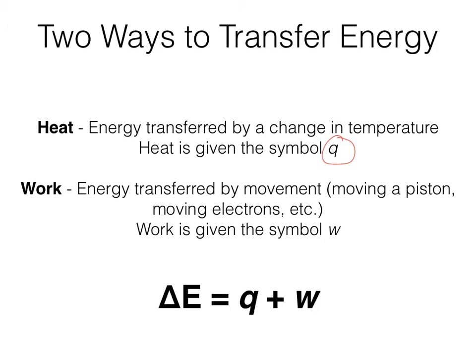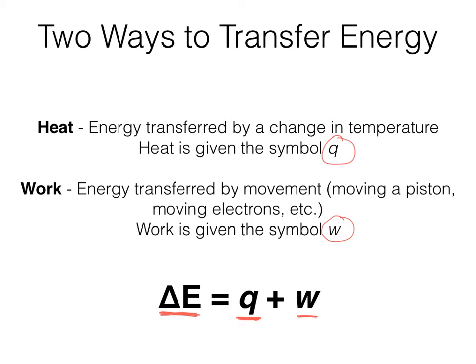Work is the energy transferred by movement: moving a piston, moving electrons, moving atoms. Work is given the symbol W. Our change of energy of a system, our delta E, is equal to the heat energy of that system plus the work energy of that system.